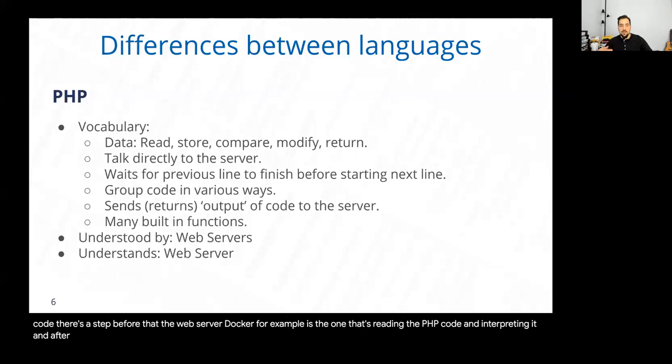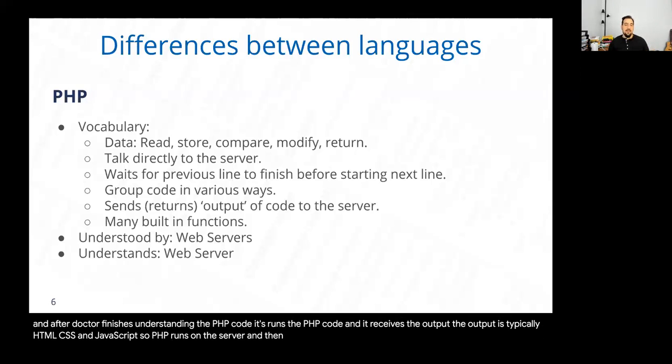And after Docker finishes understanding the PHP code, it runs the PHP code and it receives the output. The output is typically HTML, CSS, and JavaScript. So PHP runs on the server, and then it generates HTML, CSS, JavaScript, and it sends those to the browser. It sends those to Google Chrome or Firefox or whatnot.